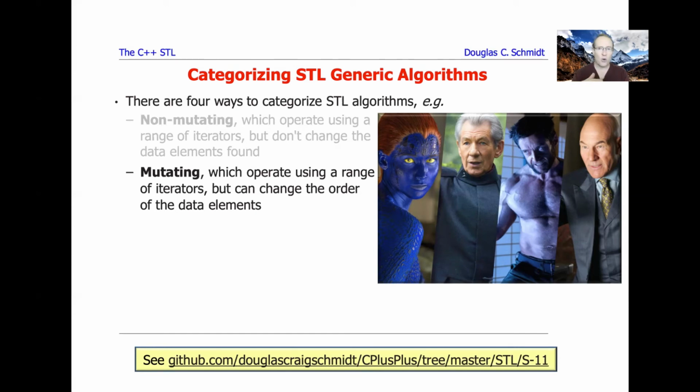They change the order, they change the contents, they do something to the underlying elements in the container that they're iterating over as they're doing their thing. And we've also seen a whole pile of these as well, things like copy, of course, and transform, fill. These are all examples of mutating algorithms that make changes.